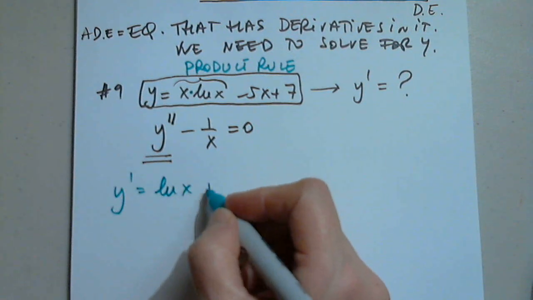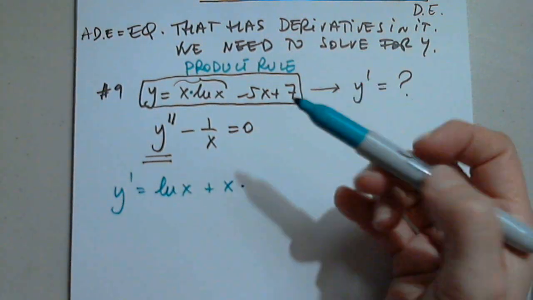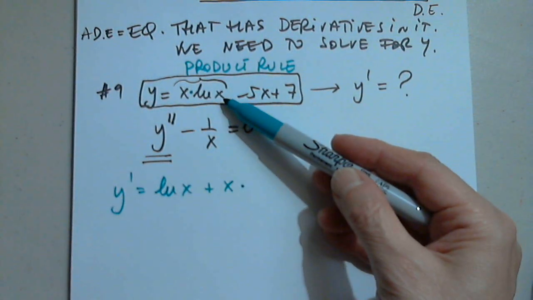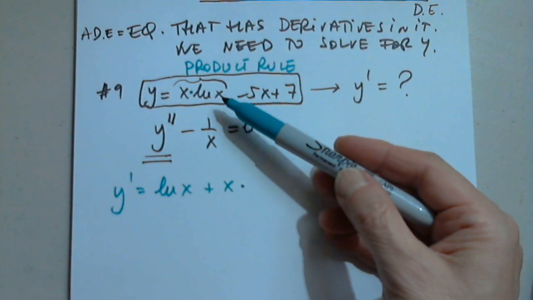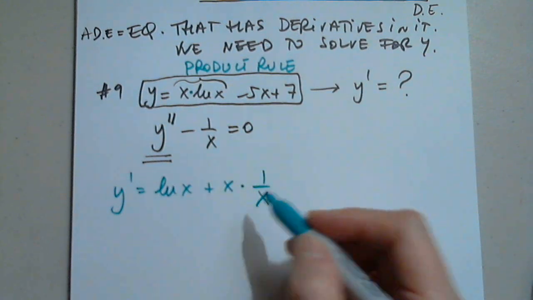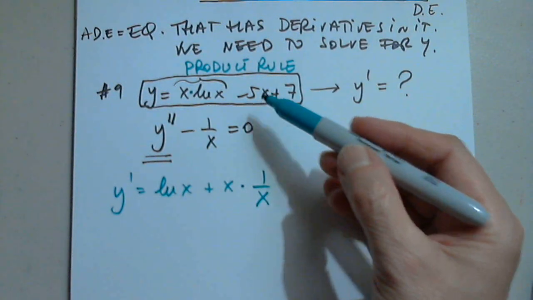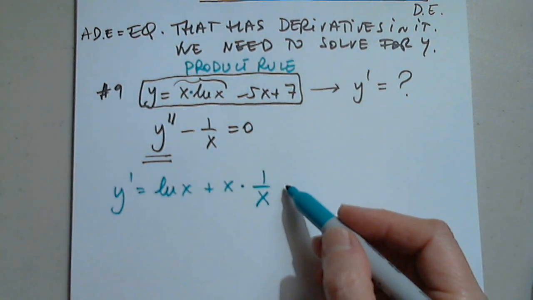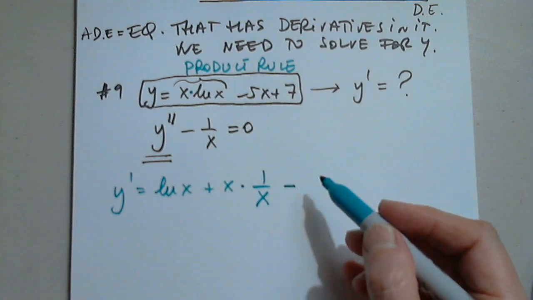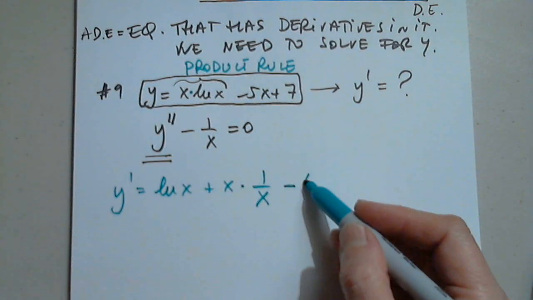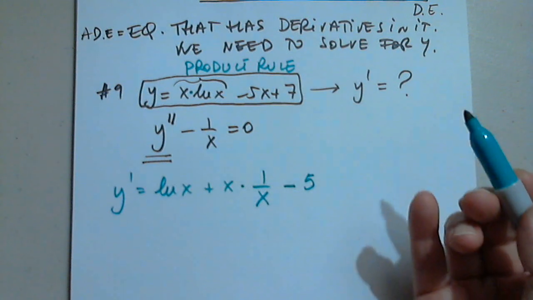Times natural log x plus x times, when I differentiate natural log x, what do I get? 1 over x. Excellent. Minus 5x prime, what do I write? 5, that's it. And 7 prime is 0.